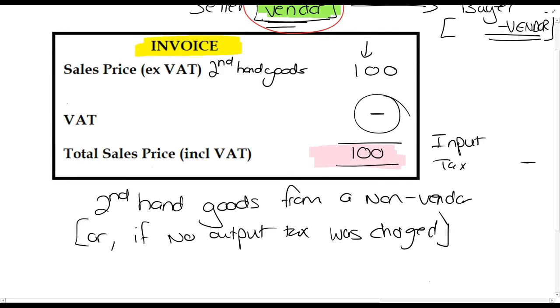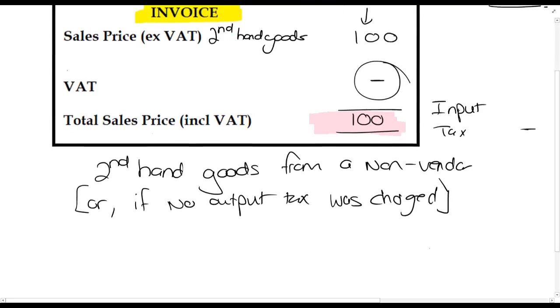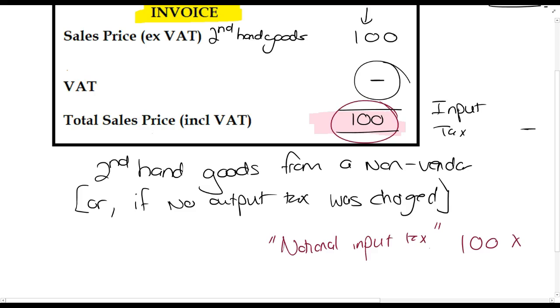We will allow you to claim what is called a notional input tax. And what that means is, that 100 rands, you can treat it as if there was VAT on it, and you can then claim input tax.